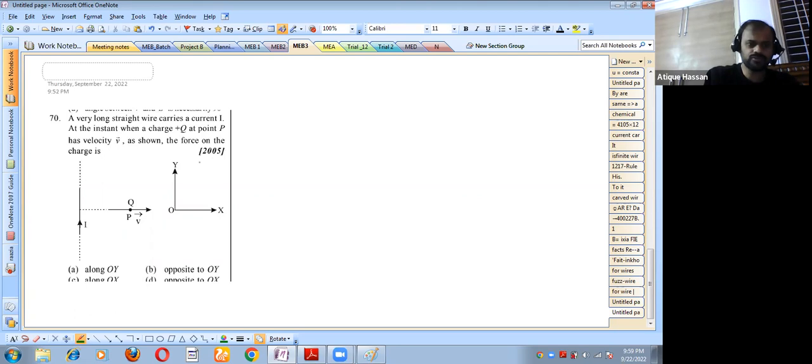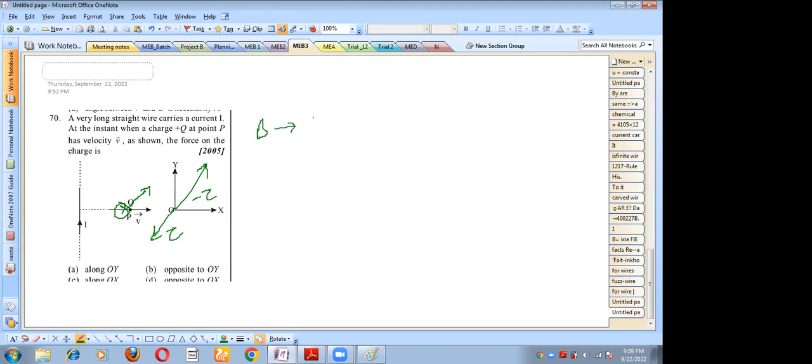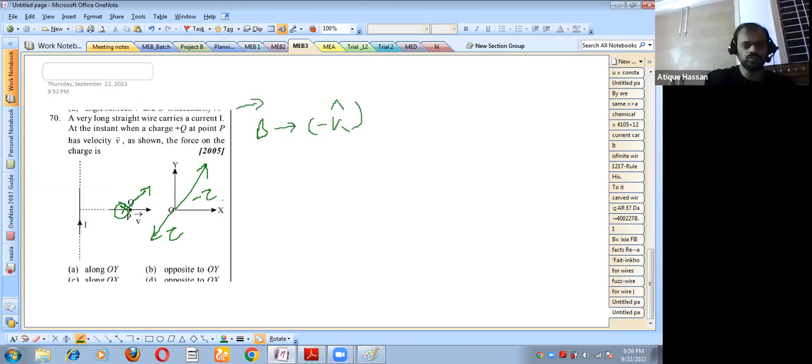First, we have to find the direction of magnetic field here, right? What will be the direction of magnetic field here? Inward, right? The magnetic field will be inward. So if it is Z, the magnetic field will be along minus Z, along minus K. So we have to find force.